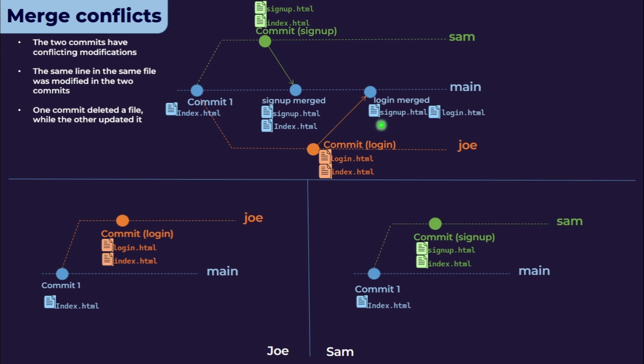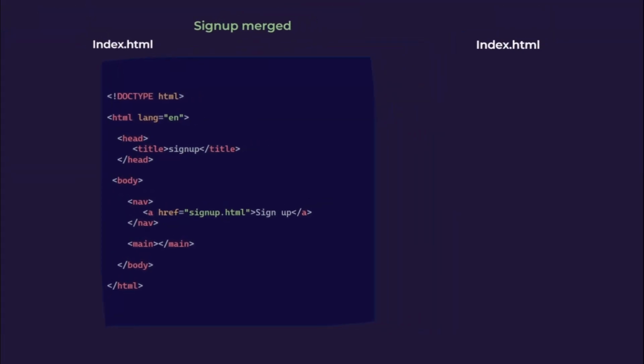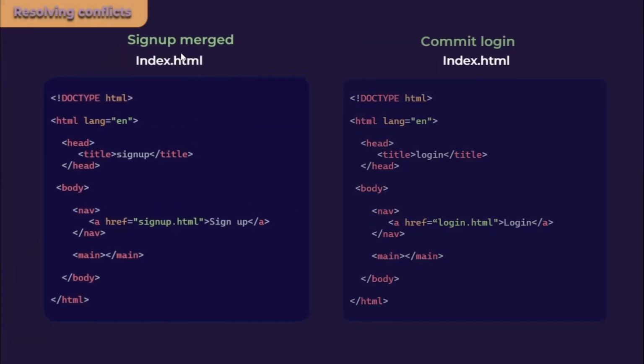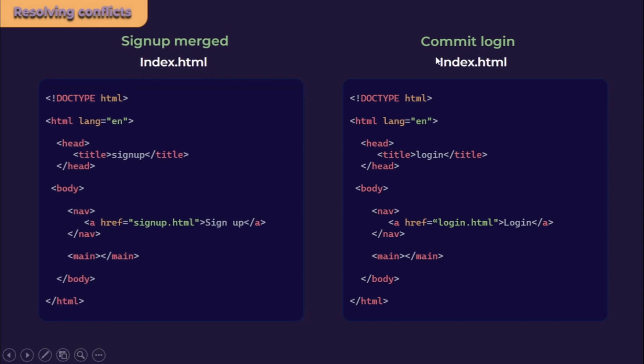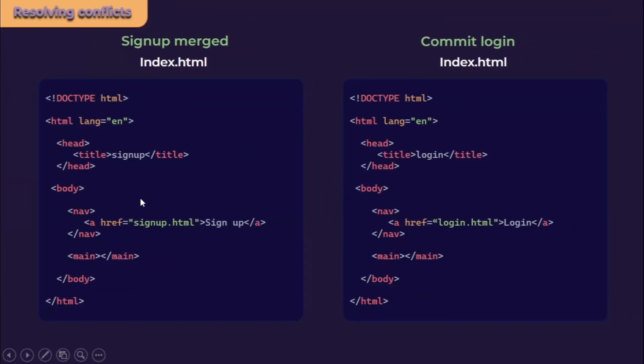If we look at the two index.htmls from those two commits, the first index.html is from the sign up merge and the next one is from the login commit. So Git looks at those two index.htmls.